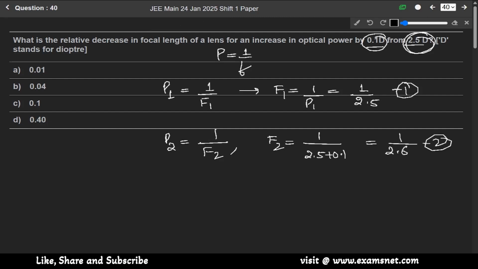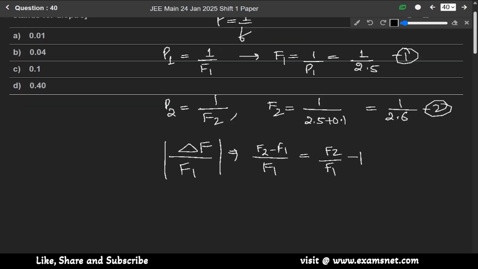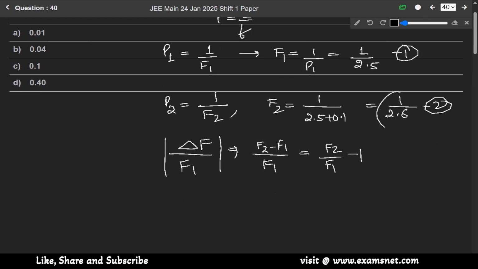Now the relative decrease in focal length will be the change in the focal length over the initial one. So it will be F2 minus F1 over F1. So it will be F2 over F1 minus 1. And F2 is what? 1 over 2.6 and F1 is 1 over 2.5.